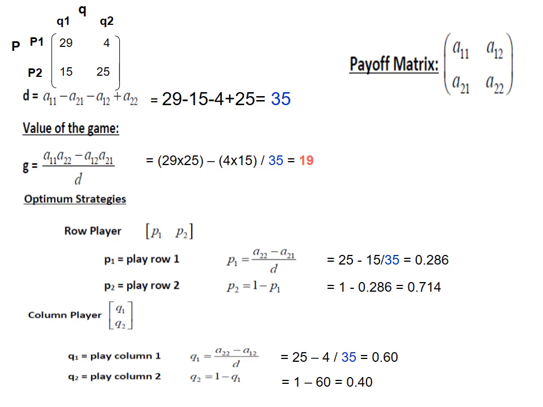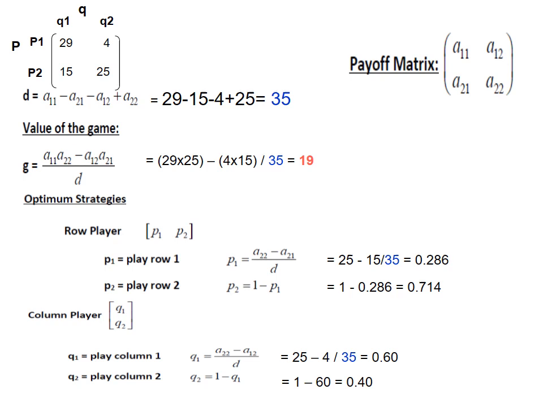Value of the game equals A11 times A22 minus A12 times A21 over D, equal 29 times 25 minus 4 times 15 over 35, equal 19. This is the value of the game.